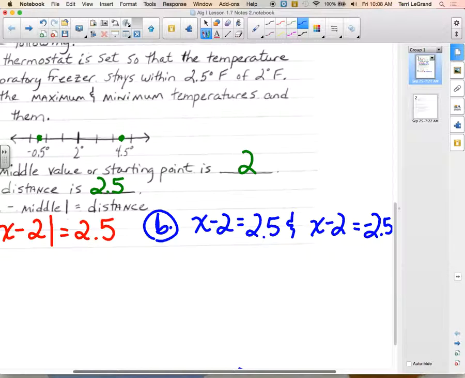The absolute value bars aren't there anymore. We're not referring to distance anymore. And now we should be able to solve both cases. And this one's going to get the 4.5. And the other one gets us the negative 0.5.